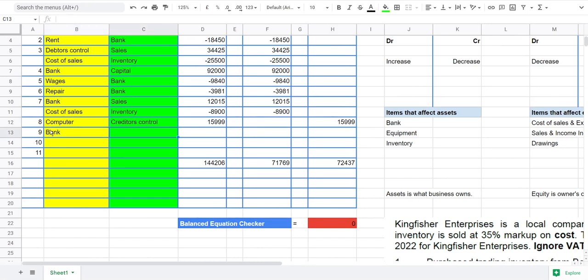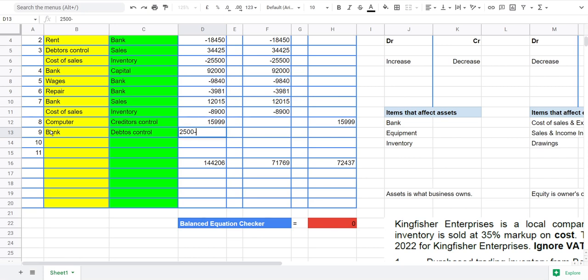And then the debtor's control is going to decrease. By how much is the bank going to increase? By 2,500. And then the debtor's control is going to decrease by 2,500, which is an asset.